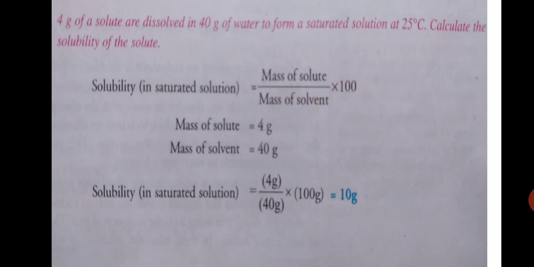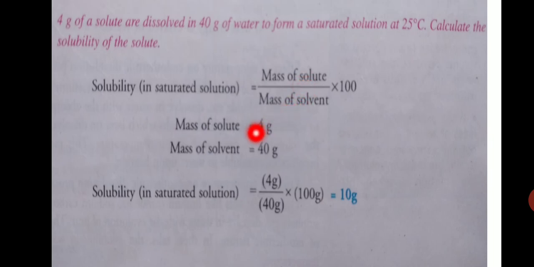First, read the question once or twice, then identify the quantities given and write those quantities in a separate line. Here the mass of the solute and mass of the solvent are given.